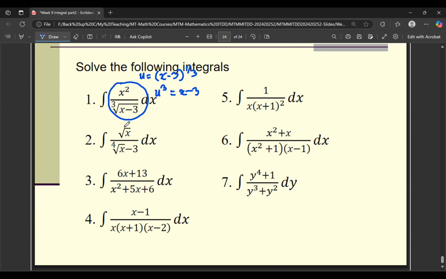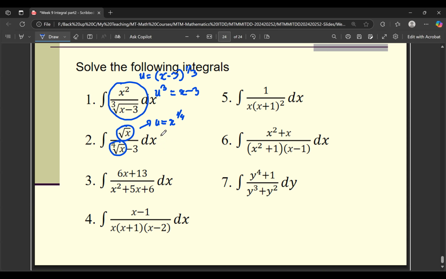Here, we have two components involving irrational. So we choose the lowest power. So u is the 4th root of x, so x to the power of 1 over 4.